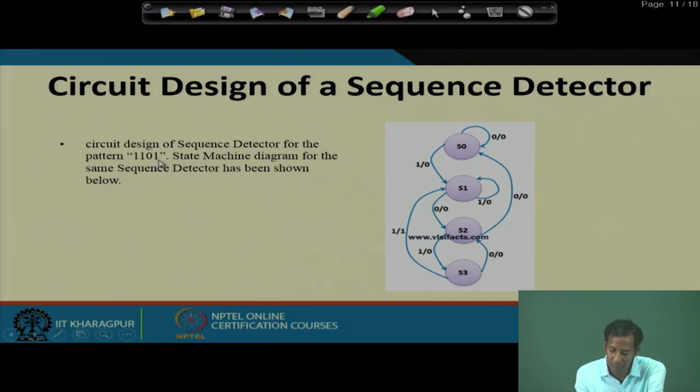At the very beginning, whenever we are at this particular S0 state, if the input bit is 0, it will remain there, because the first bit we need is 1. Only when the bit is 1 will it go on to find the next part of the sequence.